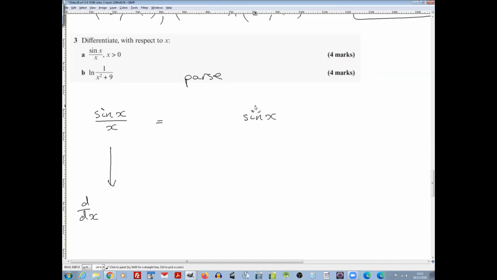What's the outer function then? 1 over x. Right, but I would say 1 over x is a function of x. Yeah, I agree. So if we put sine x as the blob, it's not clear what the function is of sine x. Could it be like sine to the inverse sine x?